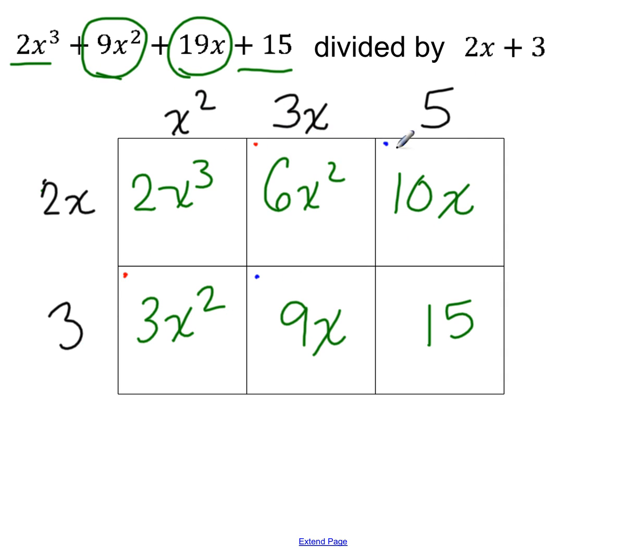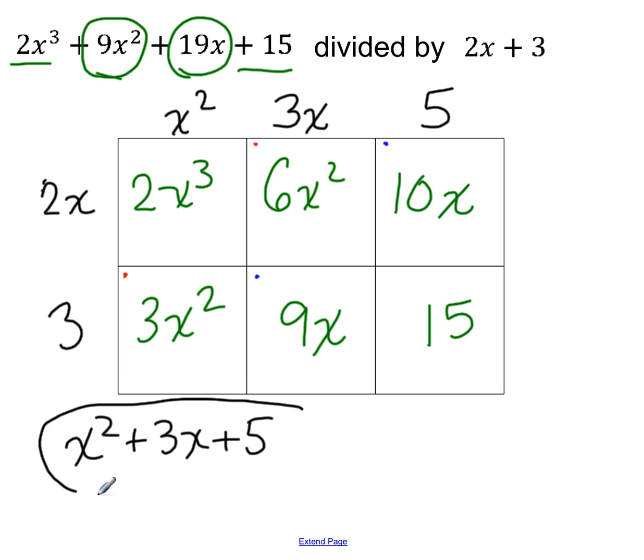Well, my final answer is written along the top. It's x squared plus 3x plus 5. So it's a quadratic trinomial. If I want to check my work, I would multiply 2x plus 3 times x squared plus 3x plus 5. And when I multiply those two, I should get my original 4-term cubic polynomial.